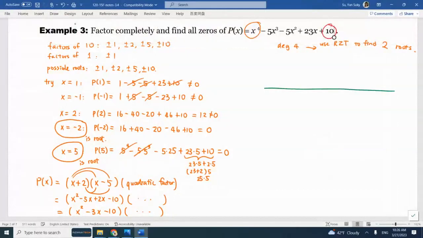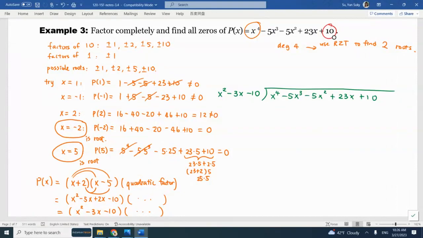So we have x to the 4th minus 5x cubed minus 5x squared plus 23x plus 10 divided by x squared minus 3x minus 10. Is that okay, everybody?